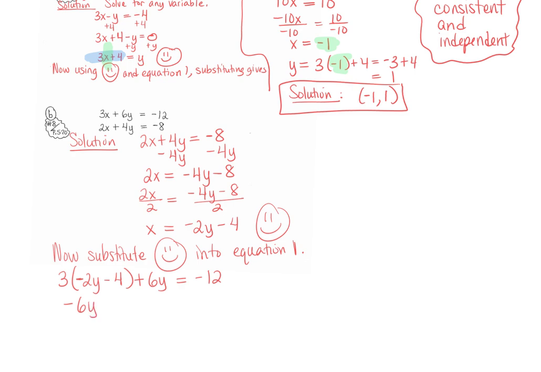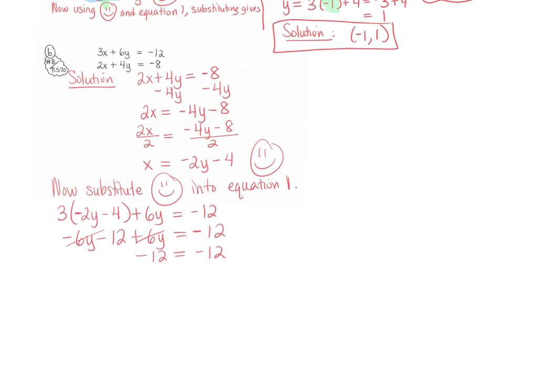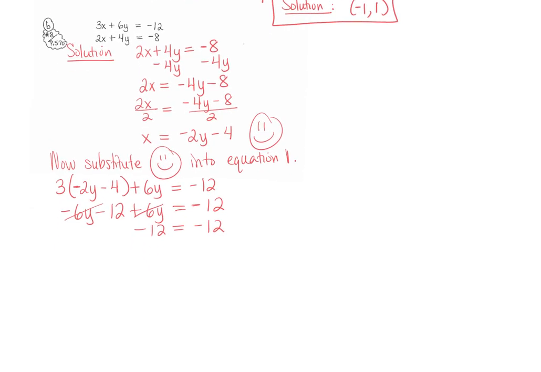Yes? So now, tell me what we get. Either one. Y'all can keep going. Equals negative 12. What happens on the left? They cancel, leaving us with negative 12 equals negative 12. Add 12 to both sides. What does that give us? 0 equals 0.